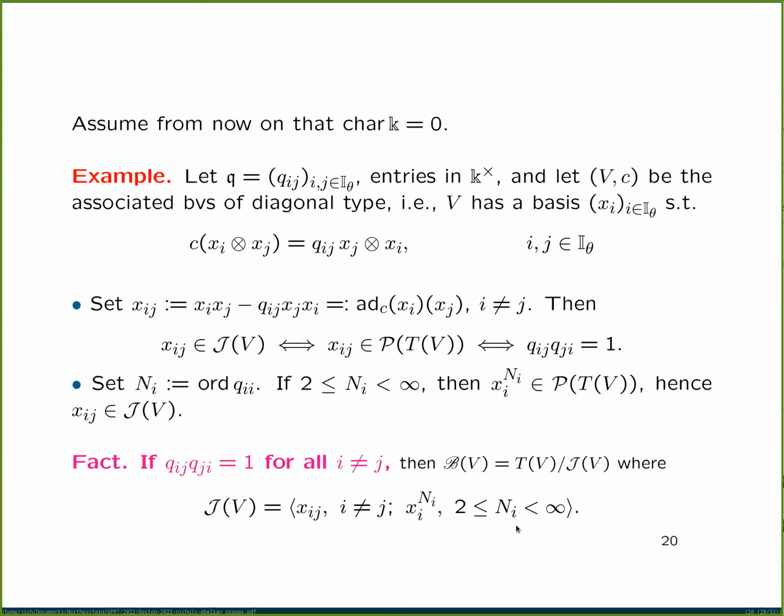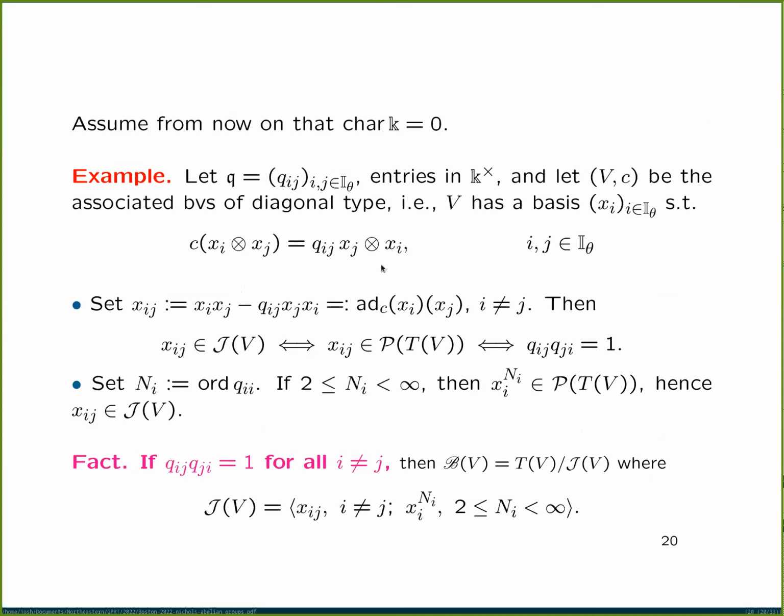That's another way to say that you're in the symmetric case, except you will be in the symmetric case only if the qi's are 1 or -1, because c of xi tensor xi needs a plus or -1. So it is close to symmetric, but it's not symmetric.